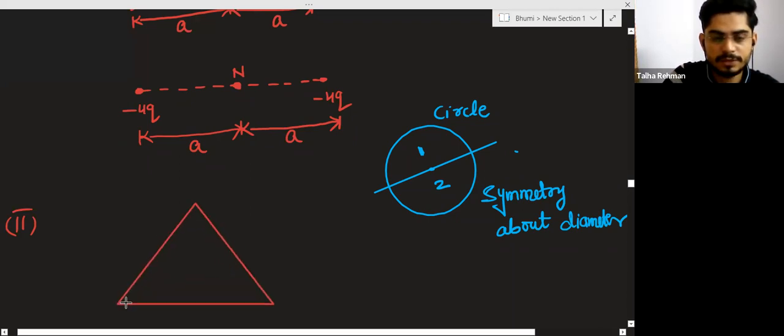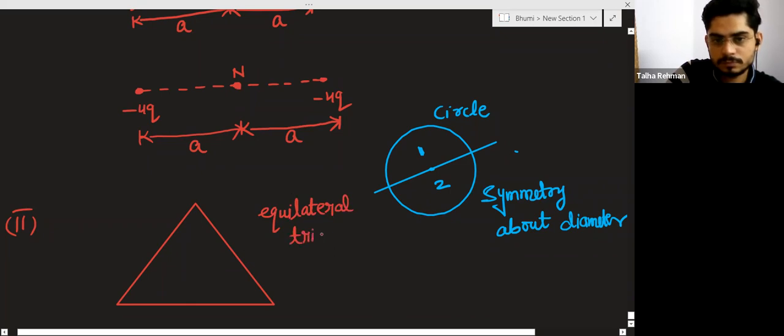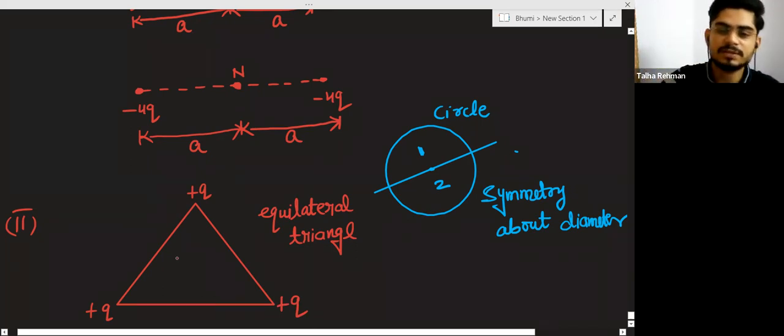This is an equilateral triangle. And if a +2 charge is placed at this vertex, at this vertex a +2 charge, and at this vertex a +2 charge, this is a symmetrical system.